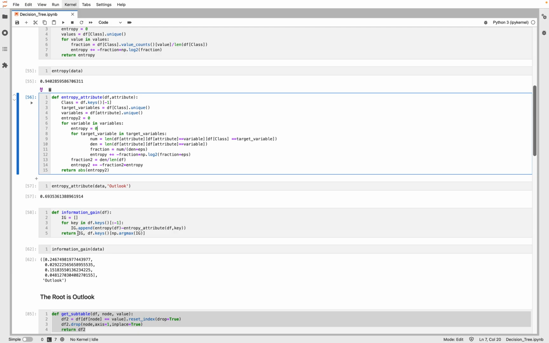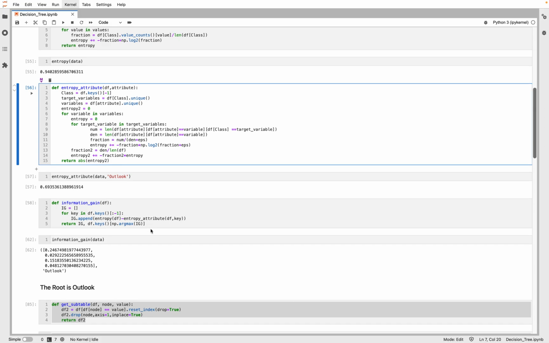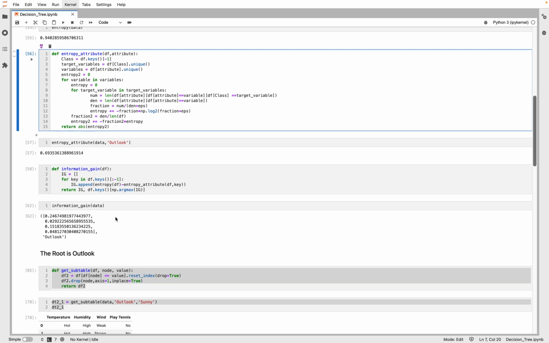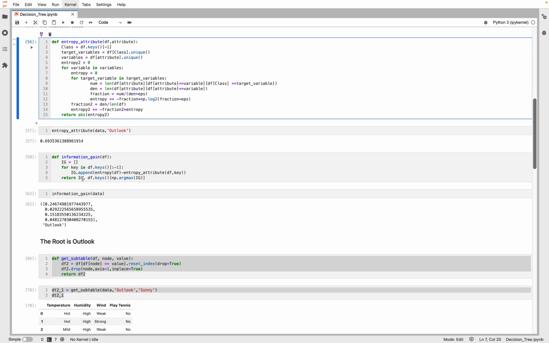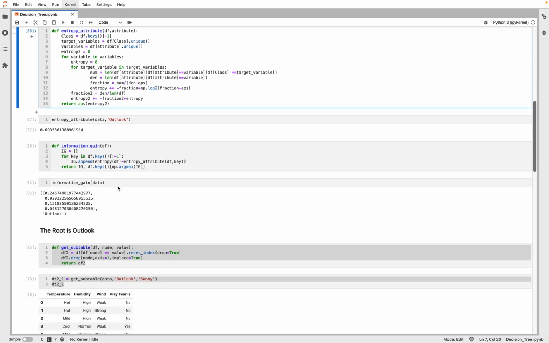Next, we compute the function for information gain, which is basically the formula entropy of the parent minus entropy of the attribute. So we return the information gain for all the attributes and the one with the highest information gain.